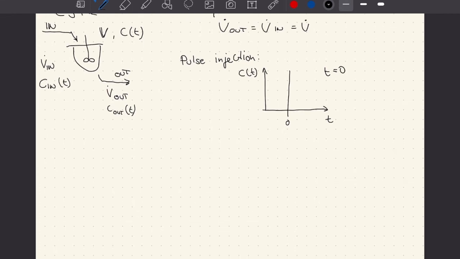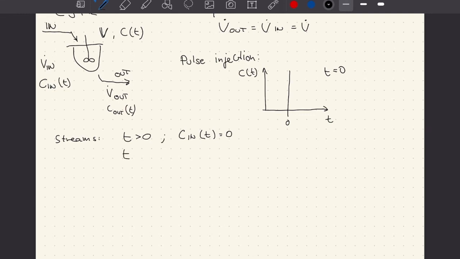So let's now look at the streams. So at t greater than 0, what we can actually say is that the concentration of tracer in the inlet is going to be 0 because we do a pulse injection.